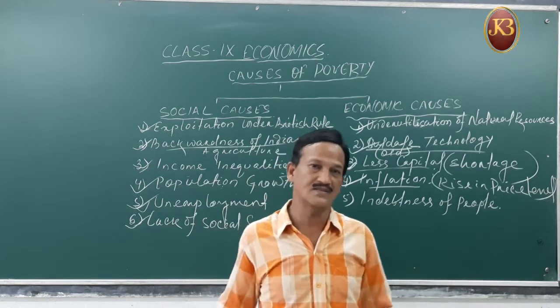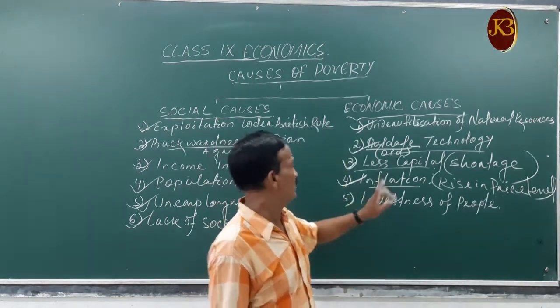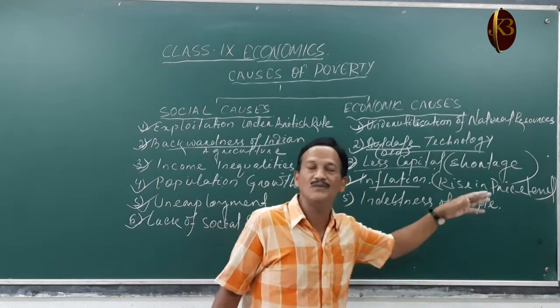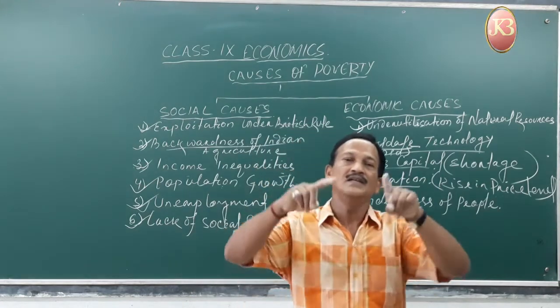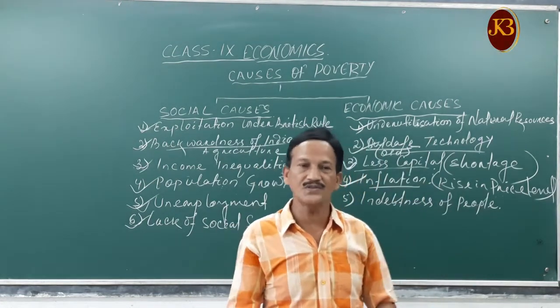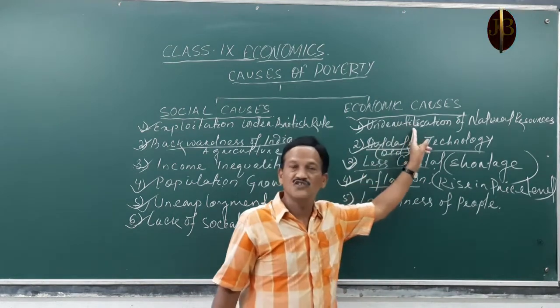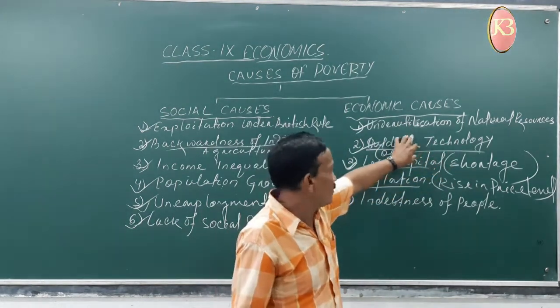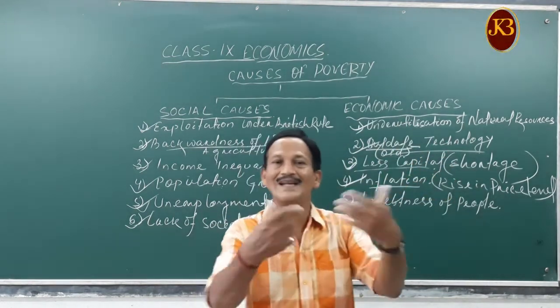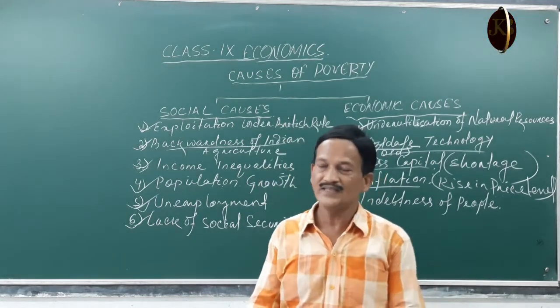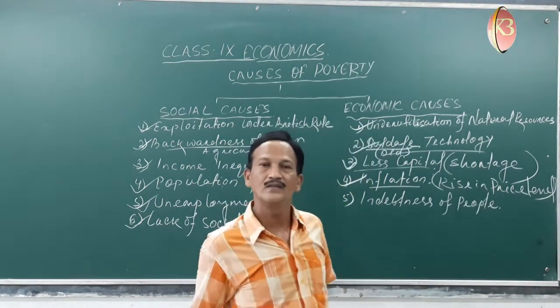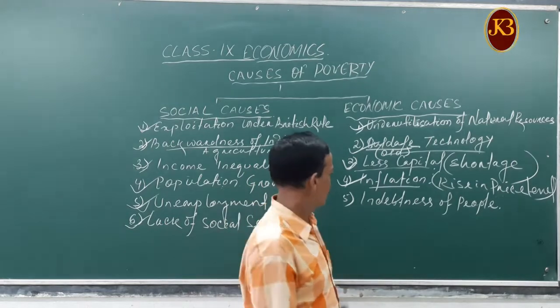Every day they are facing these problems. So there is inflation. This inflation will be controlled if population growth is reduced, resources are properly utilized, technology is available, and capital is created. Then we can have better developed societies and countries.